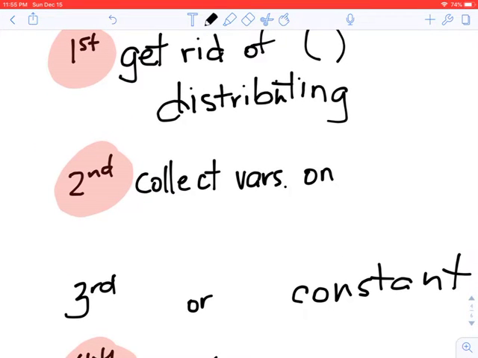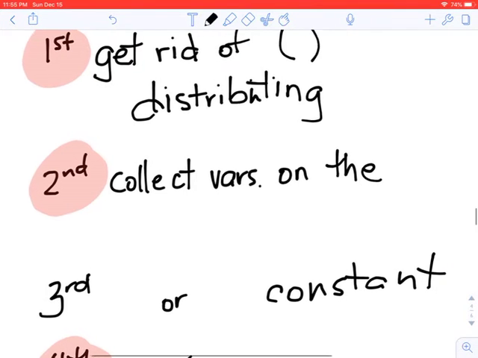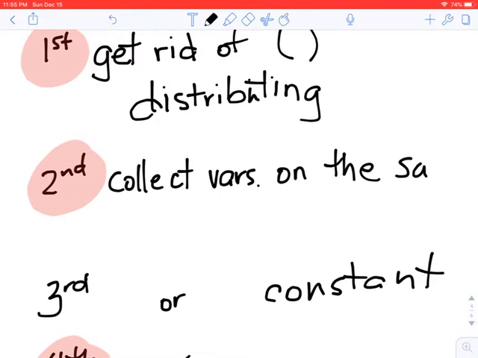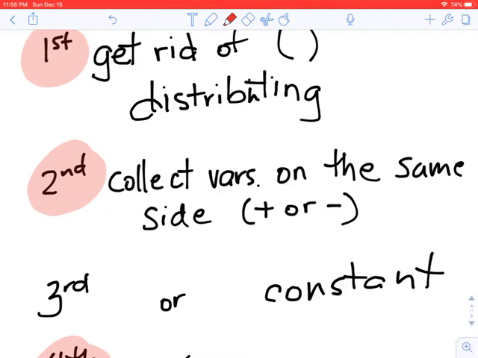Our second step is to collect variables on the same side. And that's done usually by adding or subtracting. It depends whether you want to cancel something on one side or whether you're just collecting things together. So pay attention where the variables are.